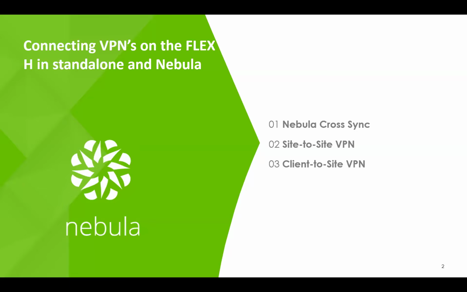The reason why that is still there is because while we are reaching full parity between the Nebula Control Center and the local side GUI, there are some things that just haven't been added on the Nebula side. So, for instance, if you need to access a feature that's not present in Nebula, you can log into the local GUI, and that will give you the availability to make that configuration change.